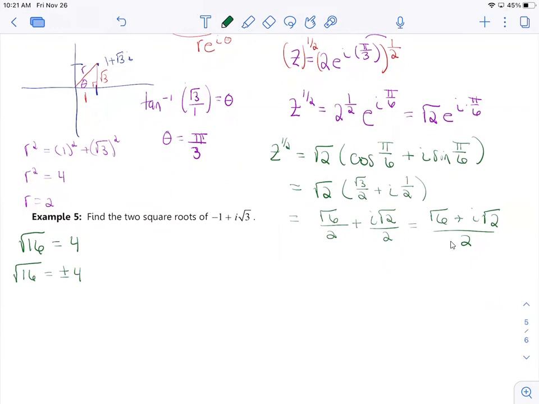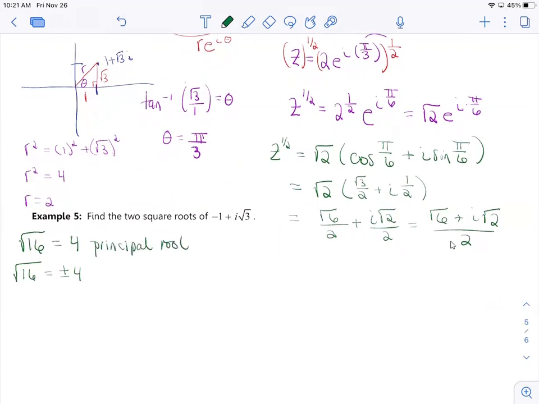Because those square roots produce 2 roots, right? This is known as your principal root, just the positive one. Well, in example 4, we were finding the principal root. In example 5, I want to also find this negative value.